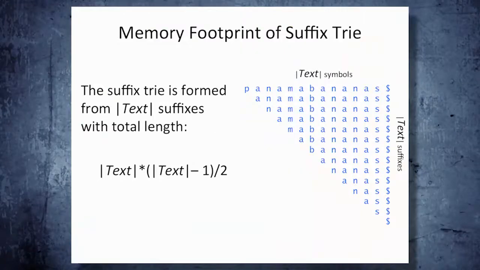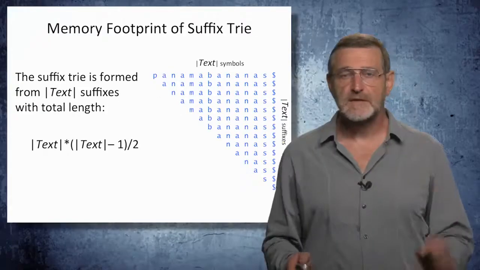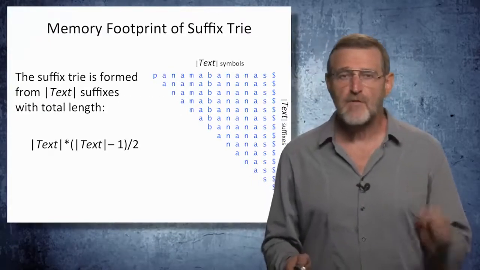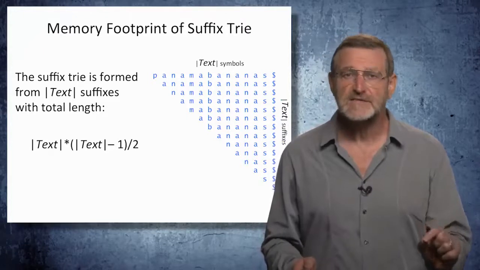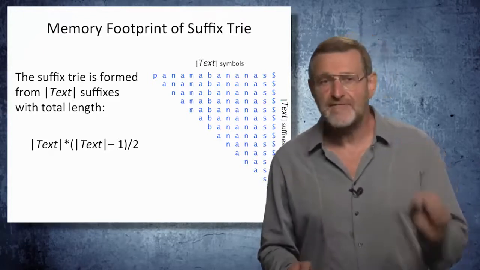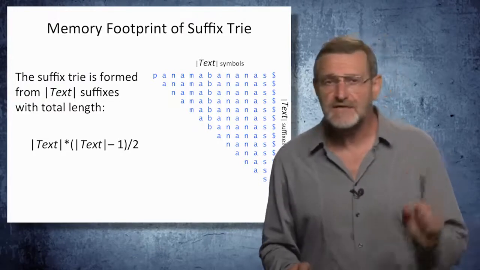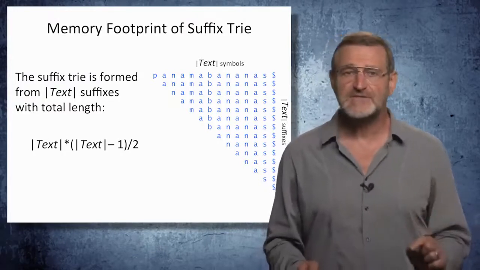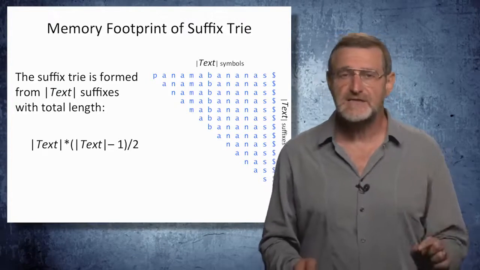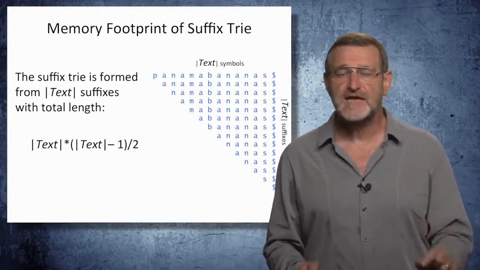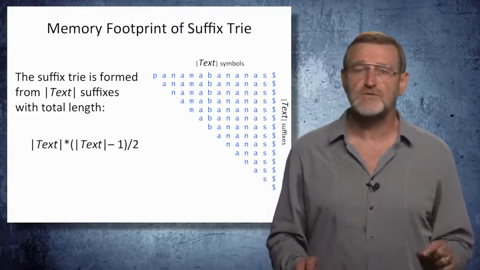We saw that suffix trie results in a fast algorithm for pattern matching, but let's take a look at the memory footprint of suffix trie. Suffix trie is formed from suffixes of text. The average length of the suffixes is roughly length of the text over 2, and therefore the total length of all suffixes is length of the text multiplied by length of the text minus 1, divided by 2.